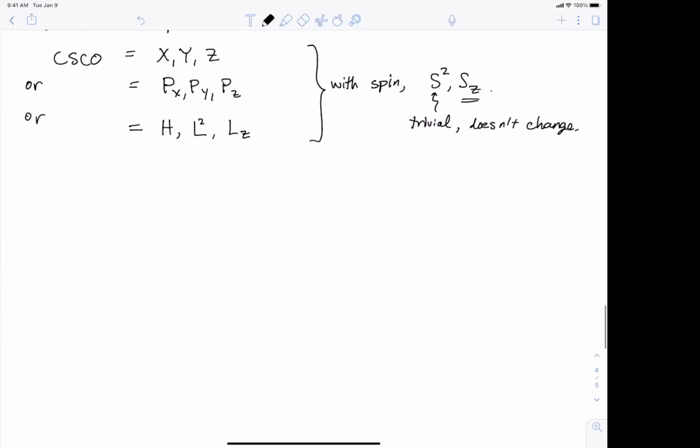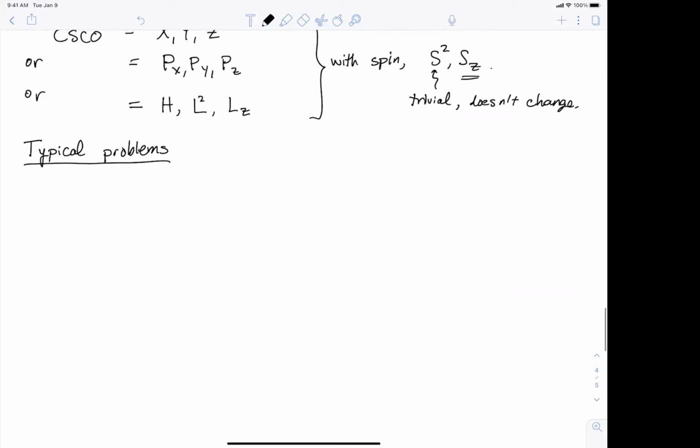Now let's consider what are typical problems that one might encounter, not just on homework, but in real life. One thing you might have to compute is what's called the expectation value of an operator. This is really just a statistical measure of an experiment that you might do.